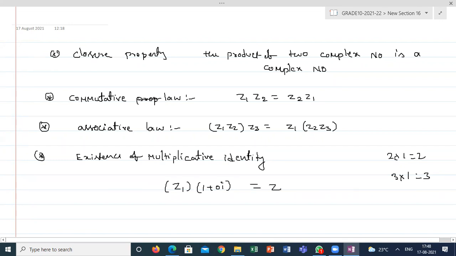Am I right? So the multiplicative identity of complex numbers is 1. 1 is also a complex number. It might be a real number, but it's a part of the complex numbers, so 1 plus 0i. Is it clear? When it comes to additive identity, it is 0, but when it comes to multiplicative identity, it is 1.